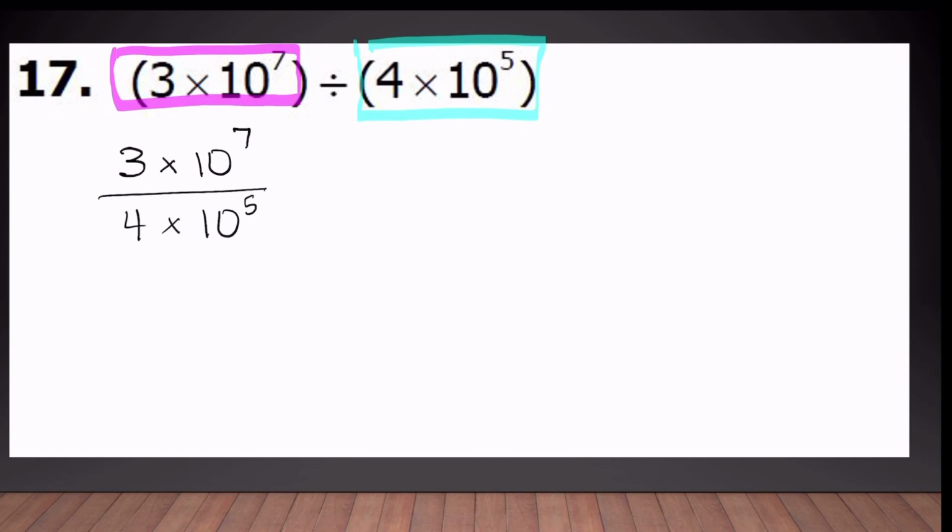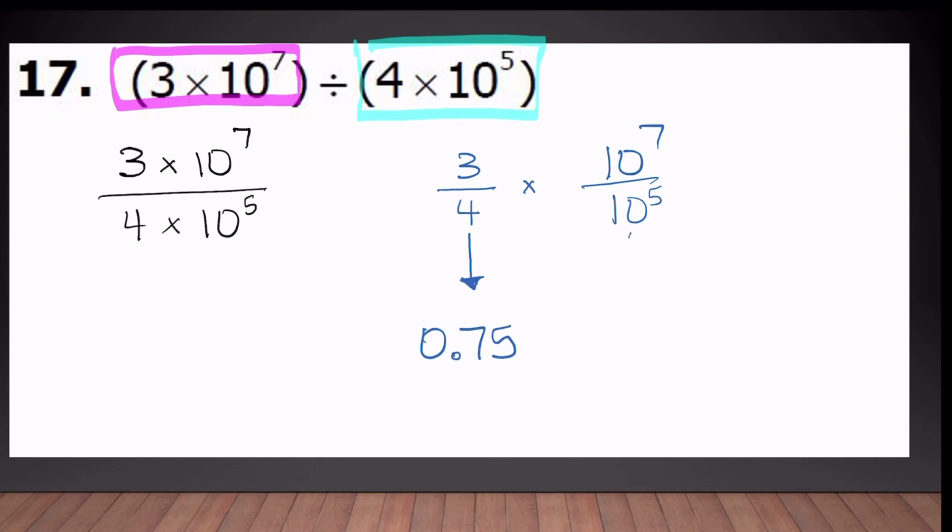So here's what I advise you. Separate this, ladies and gentlemen. 3 divided by 4 times 10 to the 7th divided by 10 to the 5th. At this point, you should know 3/4, 3/4. Think of money. What is 3/4? 3/4 is worth 75 cents.